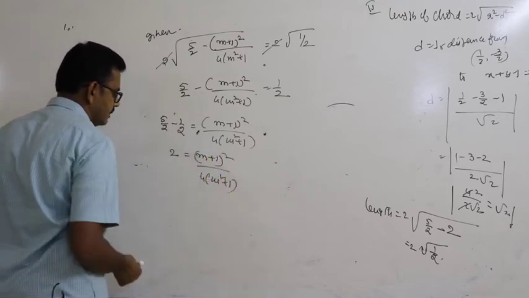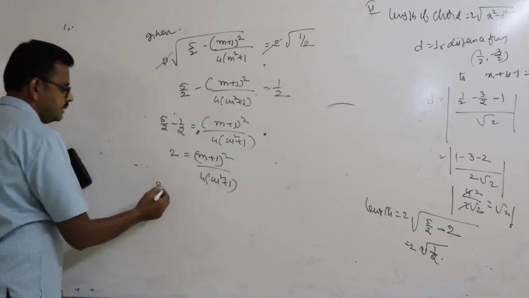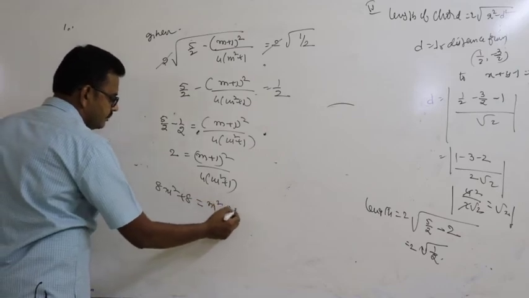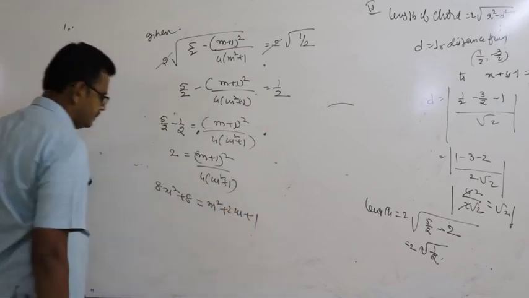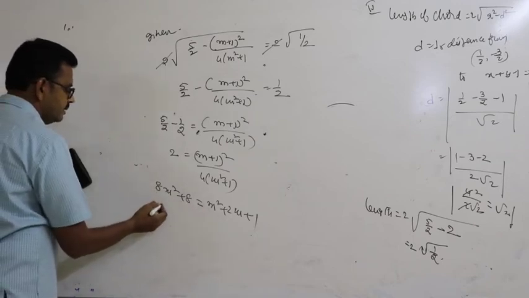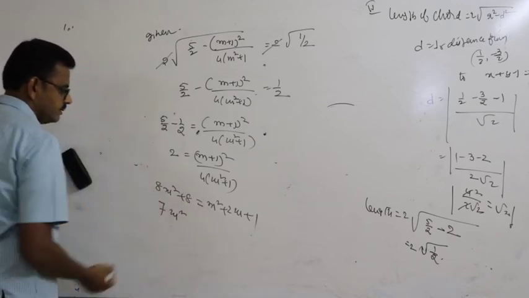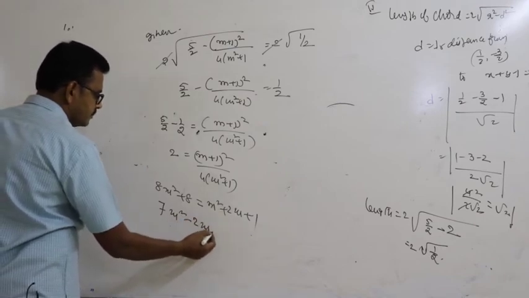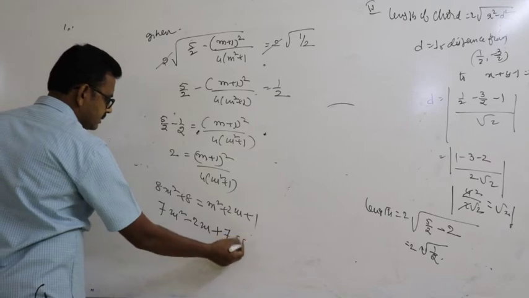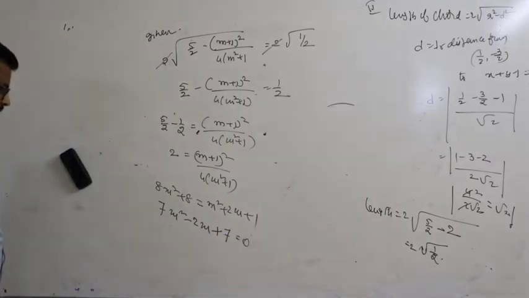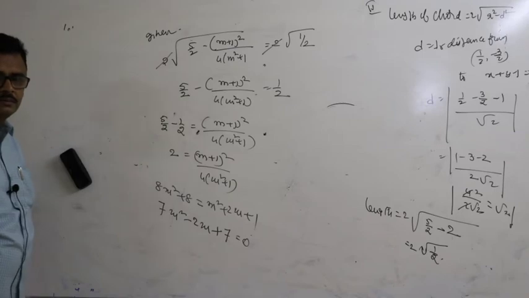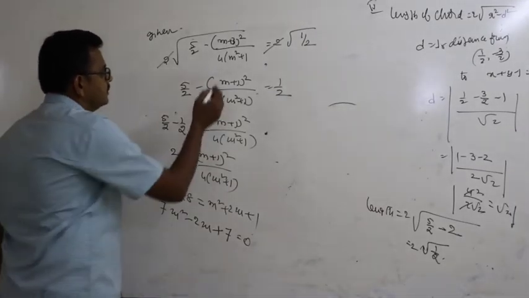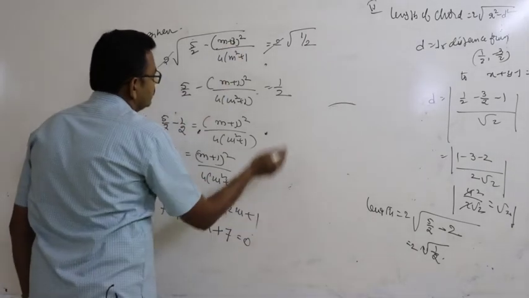So, cross multiplication: 8 m square plus 8 is equal to m square plus 2m plus 1. Sorry, this is not 1, this is 3.